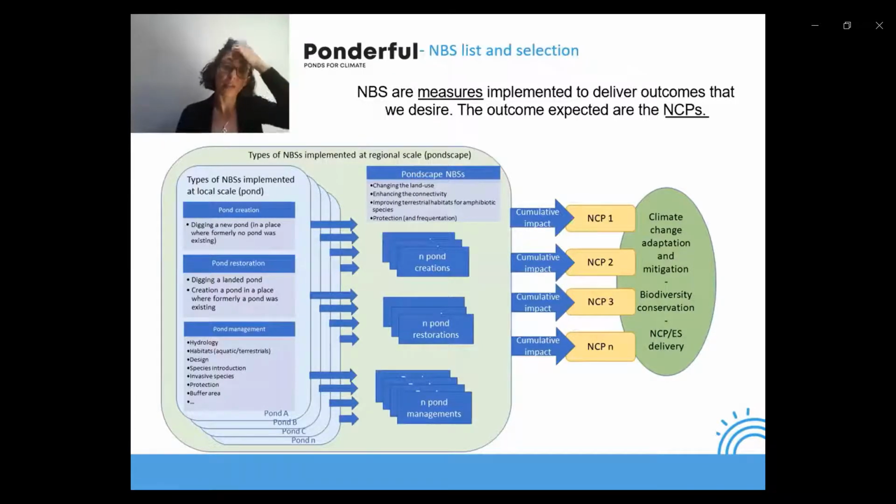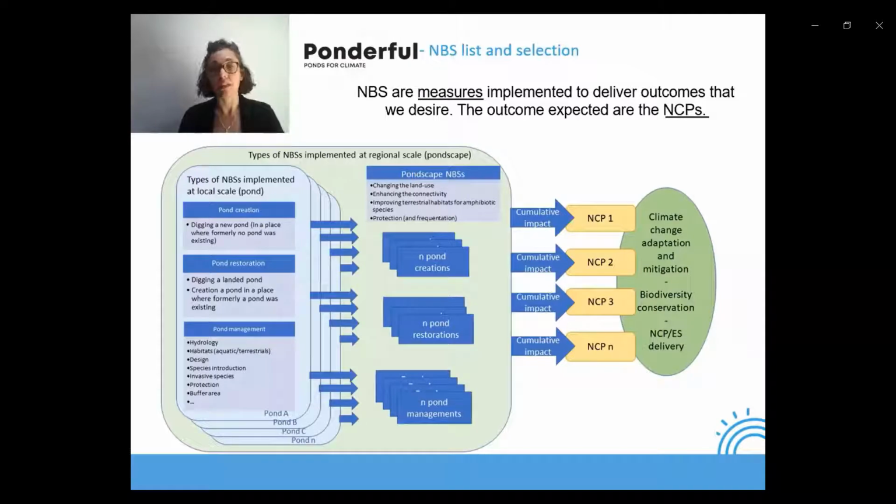They can be local, I mean pond scale or even smaller scale, or regional, I mean at the pondscape scale, or even both. So the regional scale approach, the pondscape scale, is the main objective and the novelty of the Pondful project. And therefore, the NBS assessment has to be conducted at this scale.